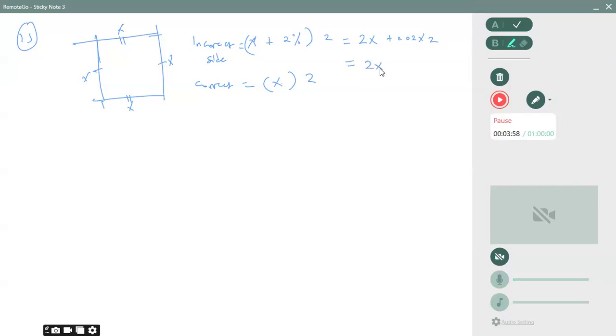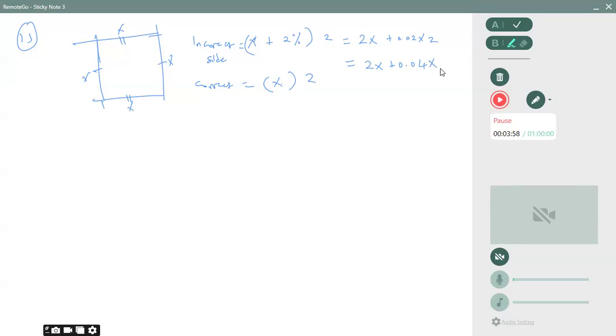2x plus 0.04, but also x. Now that implies that, just a minute.